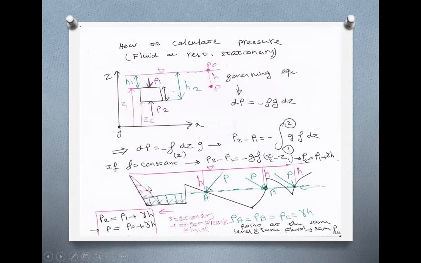Consider this lake. We assume that it's stationary. This is the free surface, and here is the bottom, right? Compare the pressure at points A, B, C. We are talking about pressure exerted on the surface through water. The direction of pressure, do not forget, is always normal and compressive to the surface at that point.